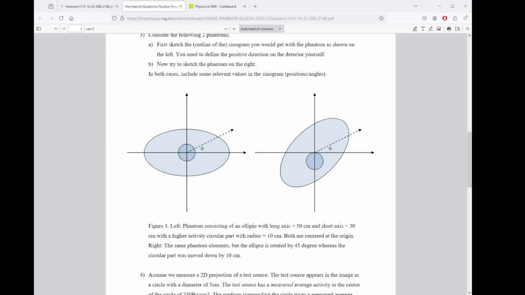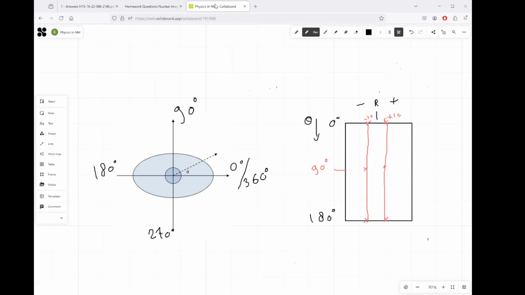We see that the long axis is 50 centimeters and the short axis is 30 centimeters. So 50 and 30. Let's put it in.